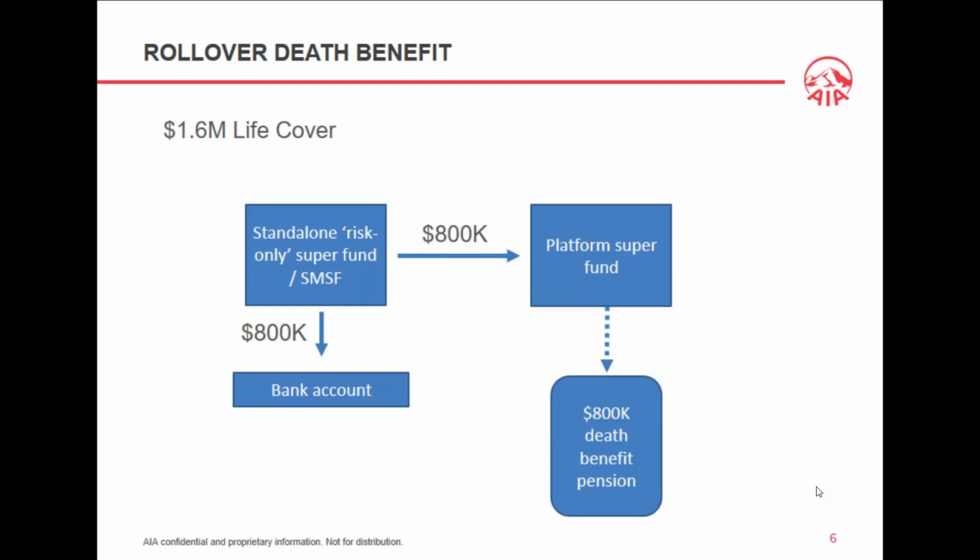Likewise, each year, just like an ordinary income stream, that $800,000 death benefit pension will have to push out 4% minimum pension payments to mum each year, and depending on the underlying componentry of the pension, she'll obviously have to pay tax on the taxable component, or at least, should I say, declare the taxable component of those pension payments in her tax return each year, but she does, of course, qualify for that 15% pension tax offset.